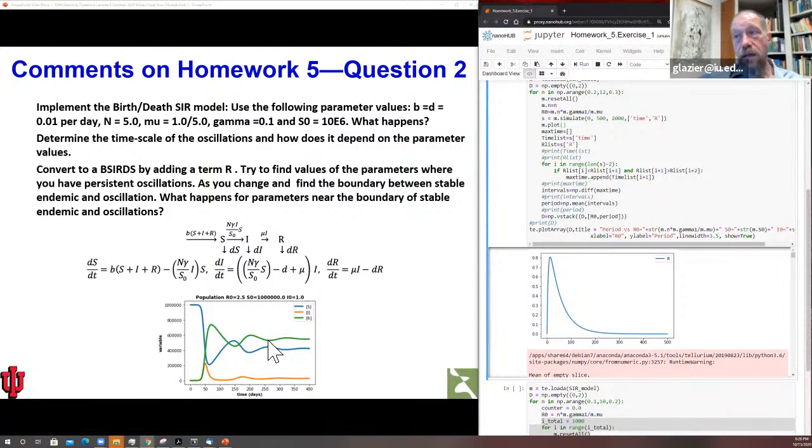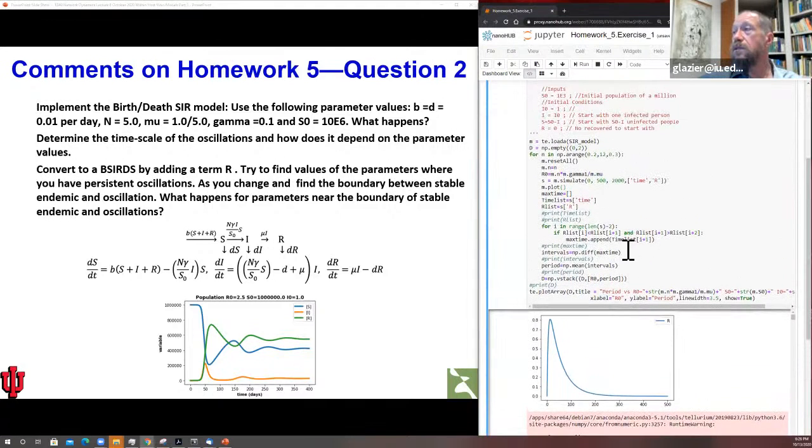And then I can calculate, as a function of the same parameters, that time scale. Let's do that very quickly. In this case, let's actually just do the interval.